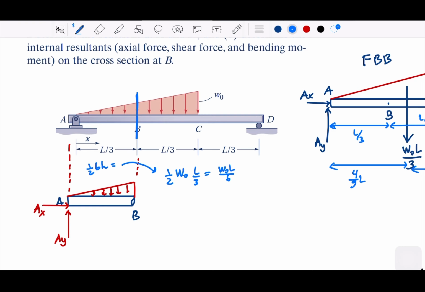Half base height, and then the distance should be 1/3, so the D is L/3, it should be 1/9 L. So this will be the distance, maybe here. This is L/9, and this will be 2L/9. Oh, 8/9, sorry. 8/9.